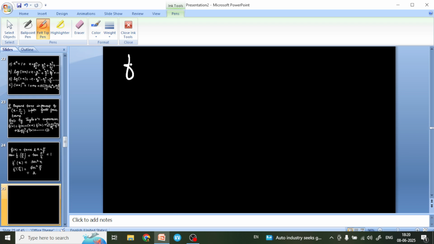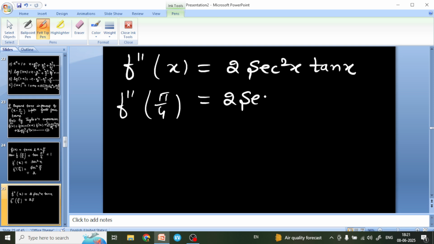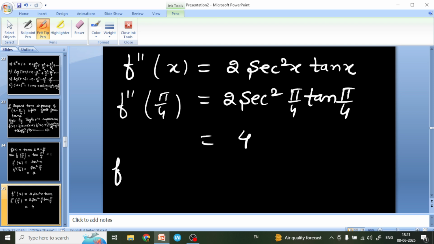After that, again next, f double dash of x is 2 secant square x tan x, and f double dash of pi over 4, when we substitute x value pi over 4, then we find that is 4.